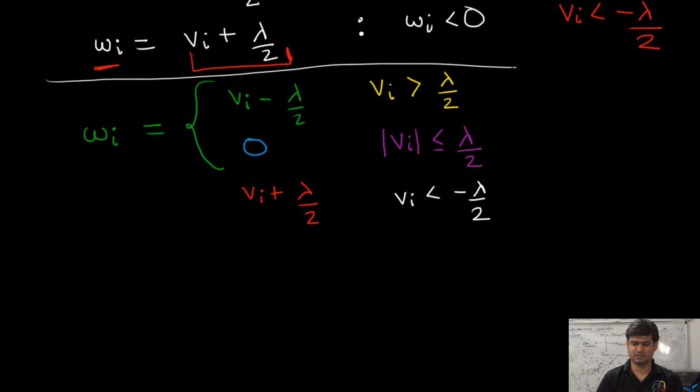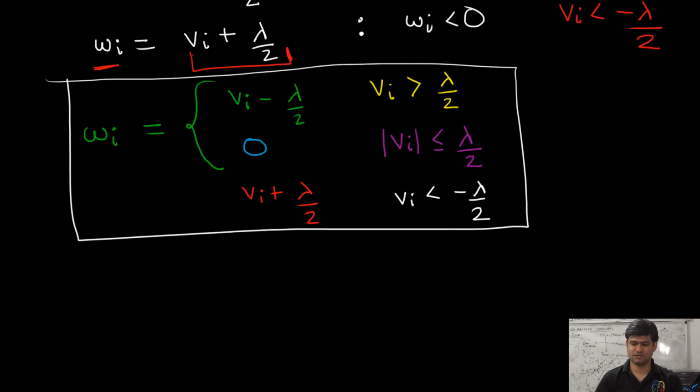So this is the solution for minimizing the loss function norm of V minus W squared plus lambda times L1 norm of W. And now, this L1 norm.